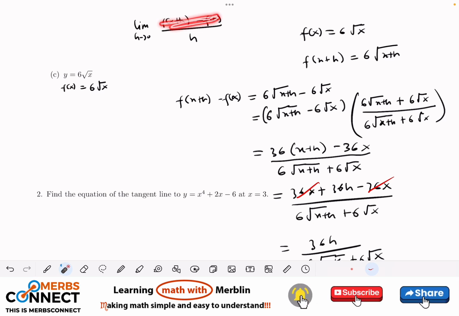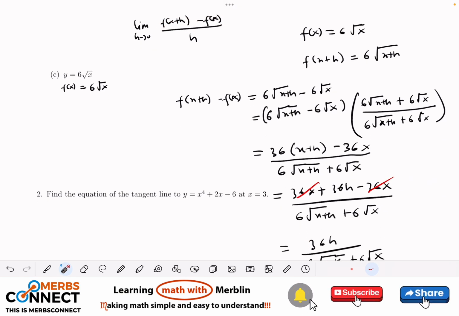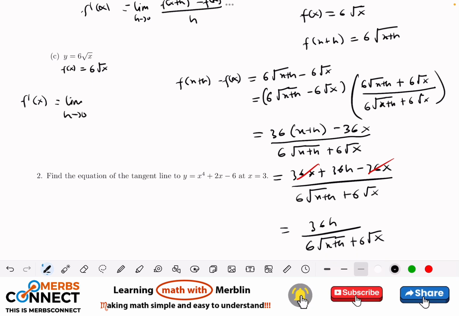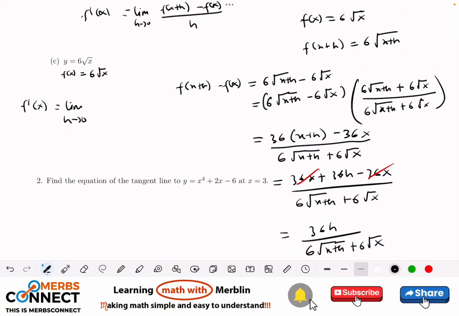So now this thing on the top here is equal to what we had here, right? So what we are going to do now, sorry, this is supposed to be f prime of x, which will be equal to this. So now f prime of x will be equal to limit as h approaches 0 of what we have on the top, 36h divided by 6 root of x plus h plus 6 root of x.